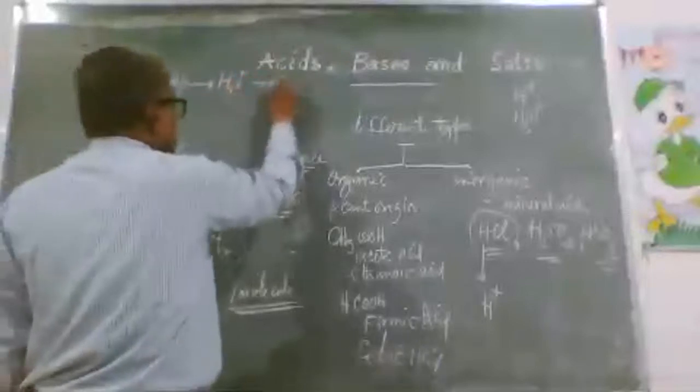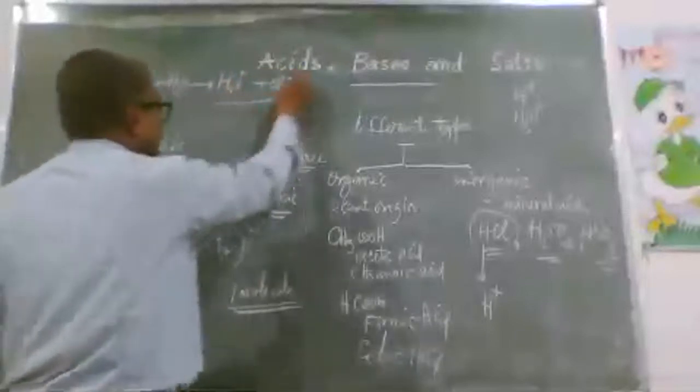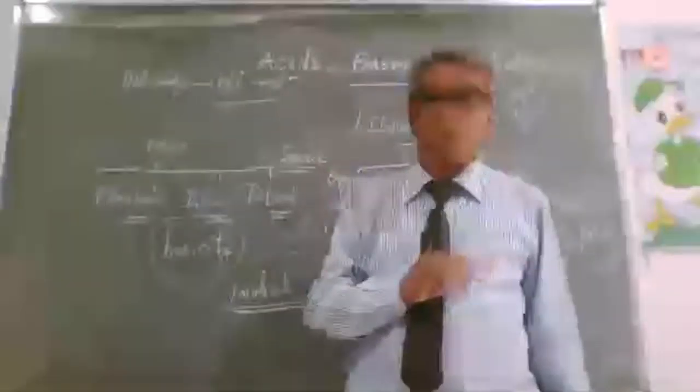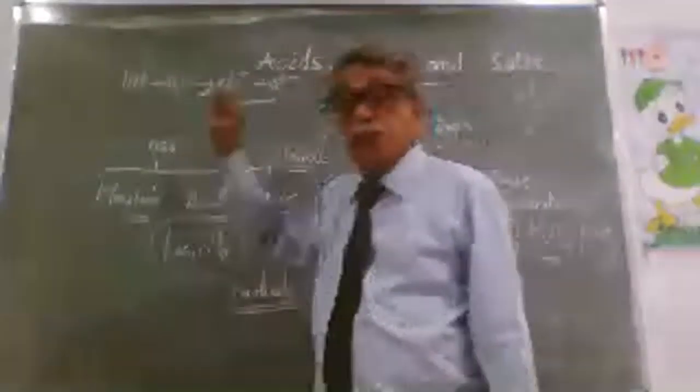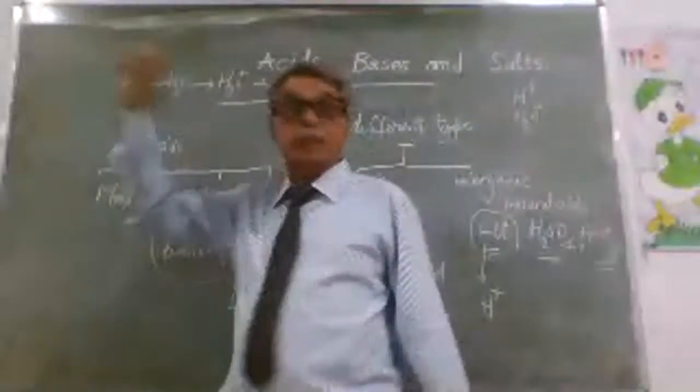When dissolved in water, a molecule of hydrochloric acid will give rise to one hydronium ion and a chloride ion. So it can give rise to only one hydronium ion from one molecule of the acid.